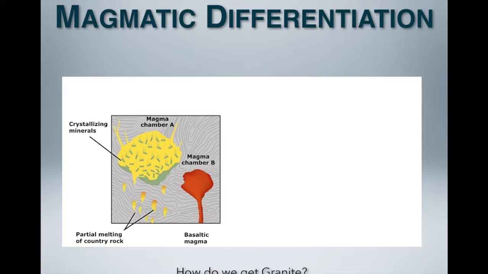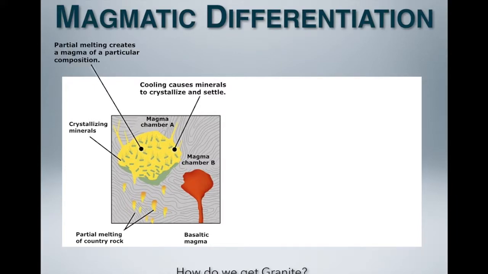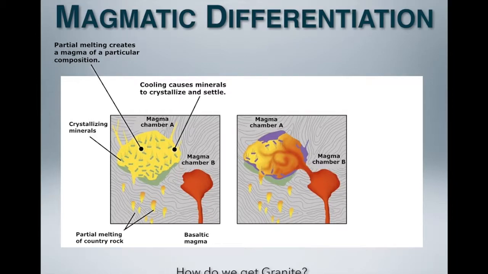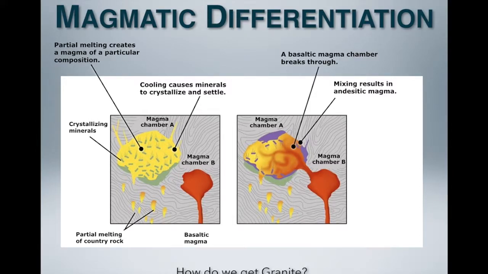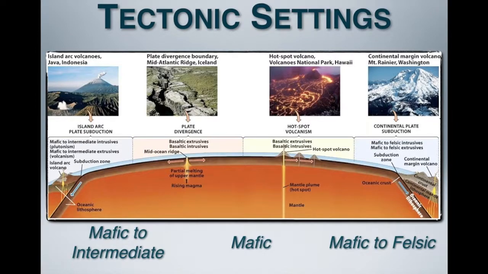And so we have a basaltic magma and then a magma that is this nice concentrated solution of silicon, oxygen, and very light minerals. And then eventually this breaks through and we get a nice mixture. And so we're adding more basaltic material that makes it into the andesitic mix and ultimately makes it into granite.